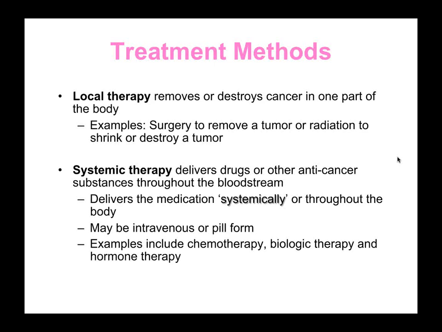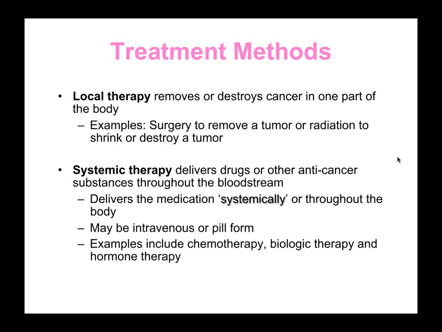Systemic therapy, on the other hand, is treatment or therapy that delivers drugs or some kind of other anti-cancer substance throughout the body through the bloodstream. And so the medicine is then delivered systemically and reaches all parts of the body where the blood flow goes.